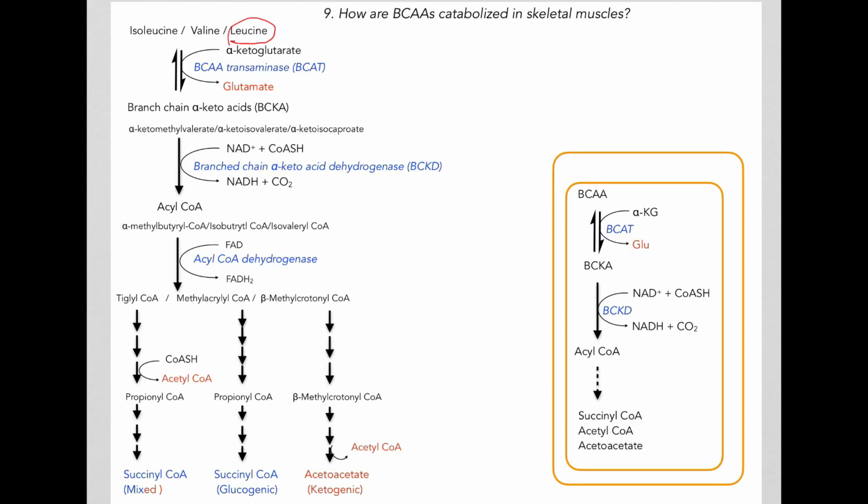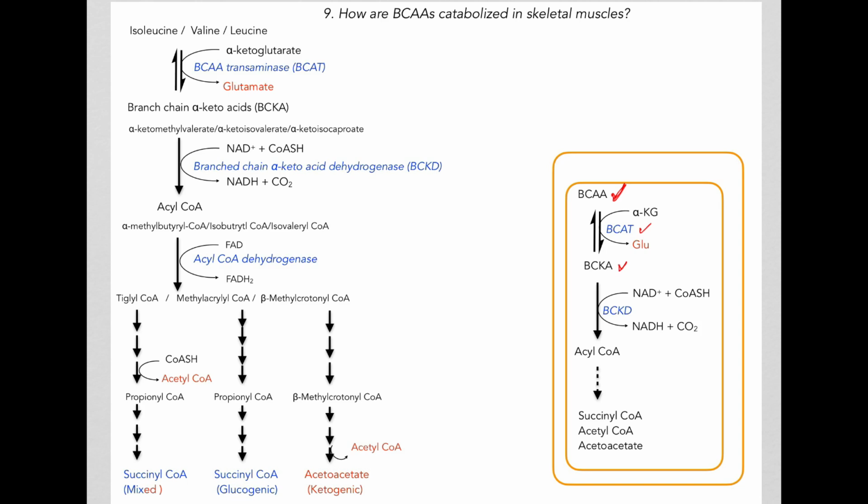Leucine will give you only acetyl-CoA and acetoacetate. And both of these cannot be converted into glucose. So leucine, as we mentioned earlier, is a purely ketogenic amino acid. So that's basically how these branched chain amino acids are metabolized.